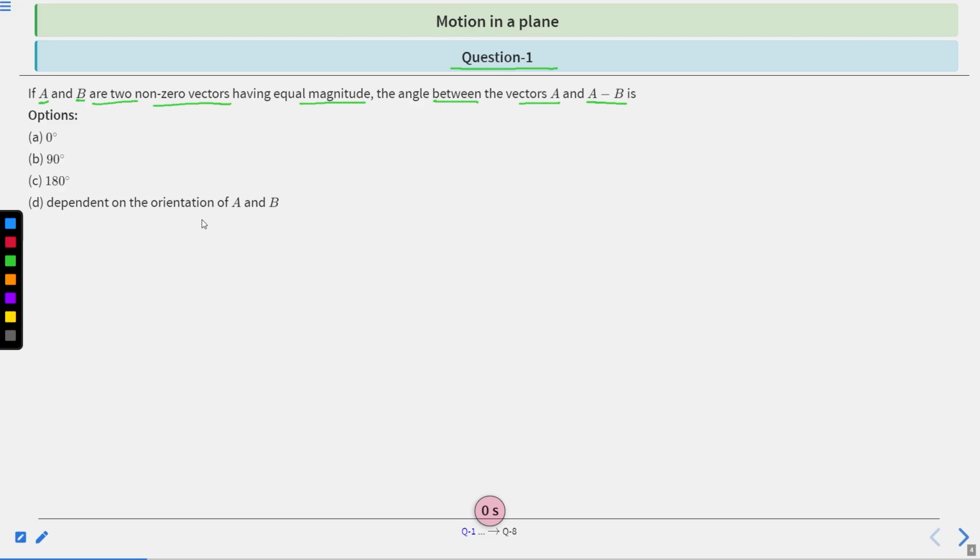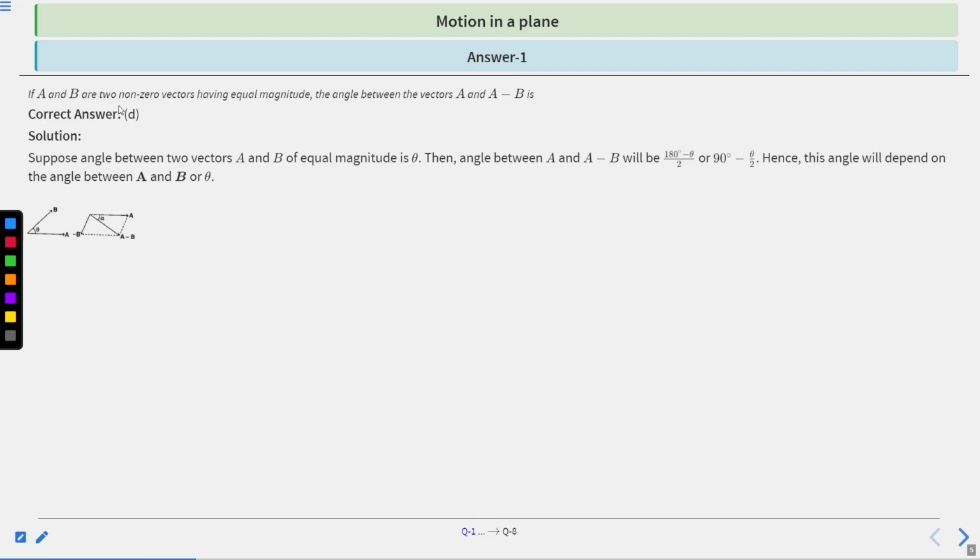Let's find the solution. If A and B are two non-zero vectors having equal magnitude, then suppose the angle between the two vectors A and B is theta. Then the angle between A and A minus B will be 180 degree minus theta by 2, or we can say 90 degree minus theta by 2.